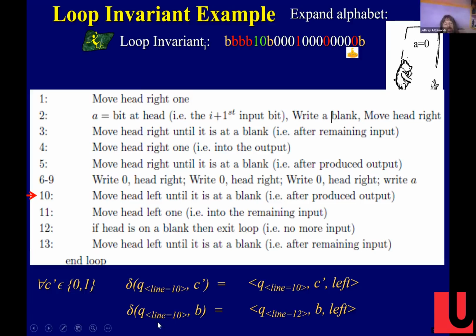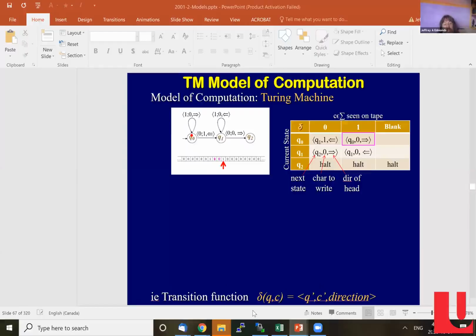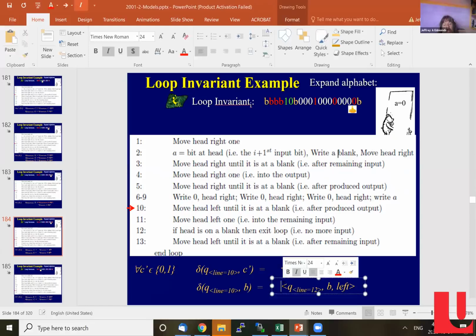So now let's think about what we're doing for a blank. If I'm in line 10 and I get a blank, then what do I do? Well, I'm supposed to move left until there's a blank. So if it is a blank, then I'm done with line 10. So what I could do is go to line 11. I keep the blank there, and I could stay, because I didn't say to move the head, right? Let me do it for you.